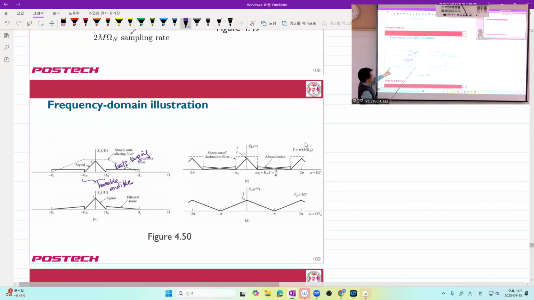So we have this kind of signal after multiplying by the sampling function. And then in the discrete time domain, we filter this part out with an almost ideal low-pass filter. And then we downsample. What happens? Each of these things expands like this. Got it? Then the resulting signal is as if we originally had a very sharp cutoff anti-aliasing filter and low rate sampling.